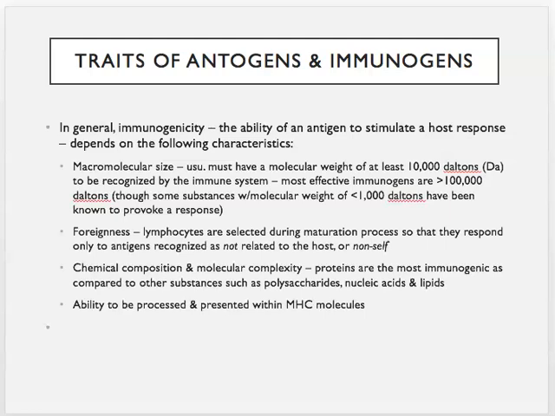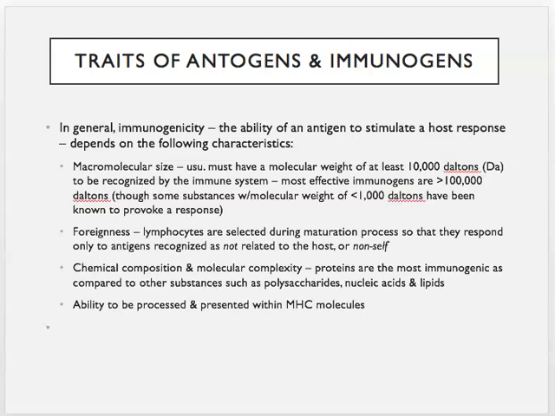These particles are usually going to have a molecular weight of at least 10,000 Daltons to be recognized by the immune system. The most effective immunogens are greater than 100,000 Daltons, but there are some substances with a molecular weight of less than 1,000 Daltons that have been known to provoke a response.